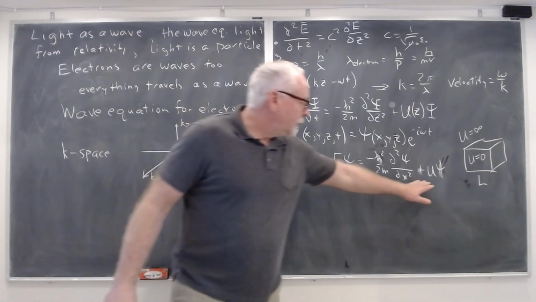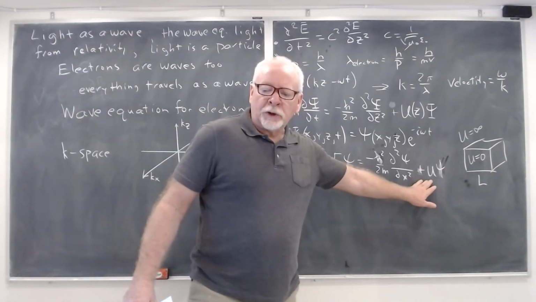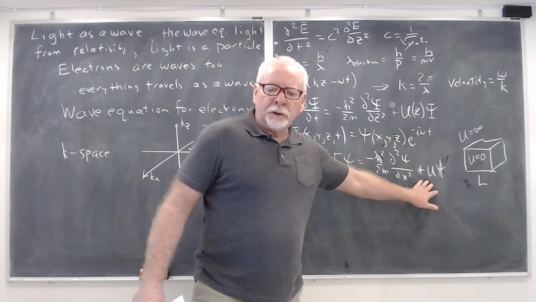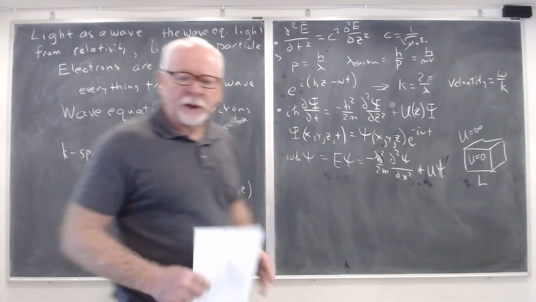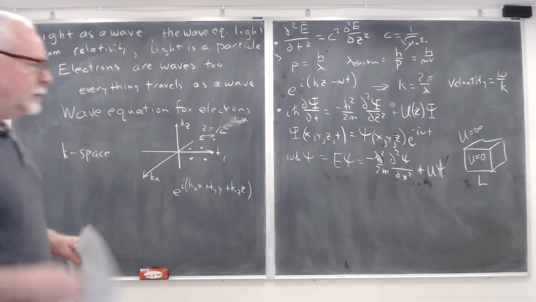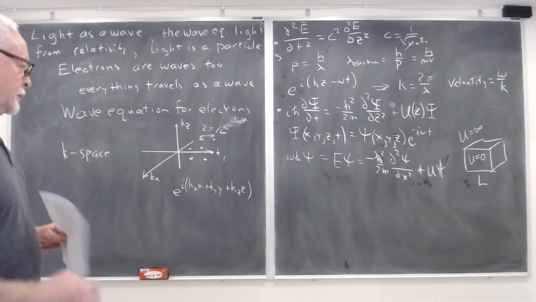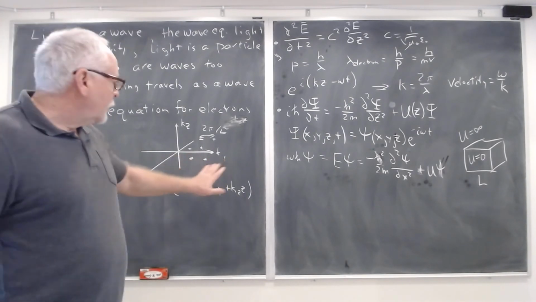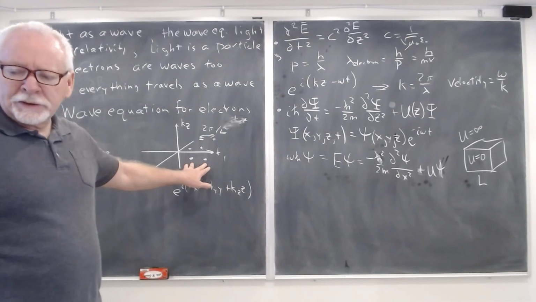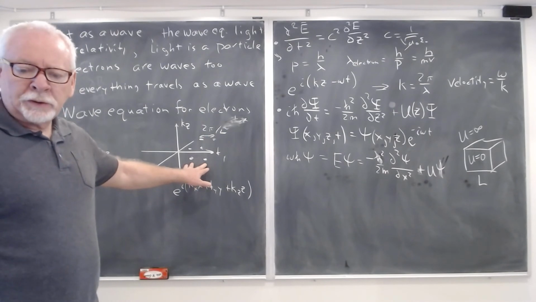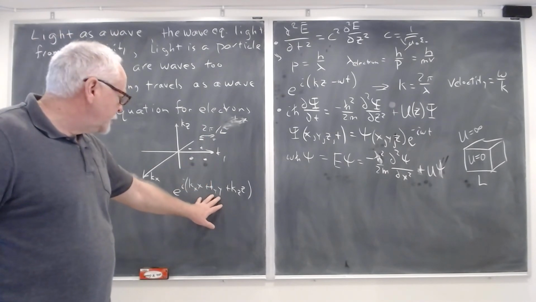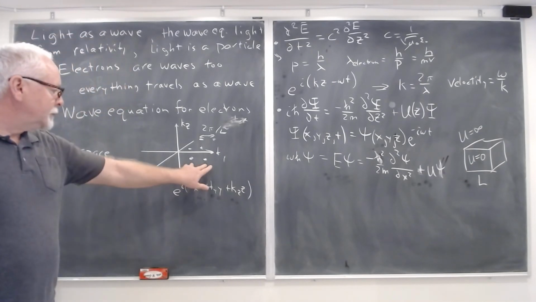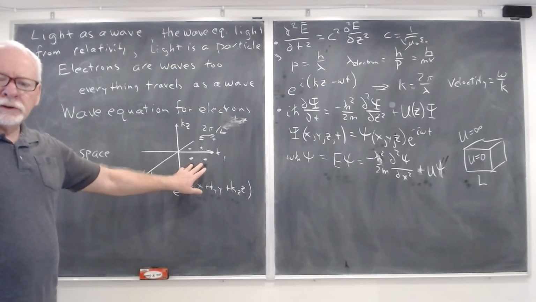For example, if U describes the potential energy due to a proton, you can get the solutions for atomic energy levels and all those things, which we're not covering in this course. The important thing for us is that so far it describes this thing called K space, which is that when you have solutions that are K in each direction, those allowed states are spaced evenly.